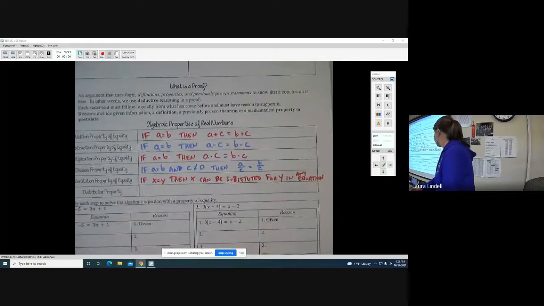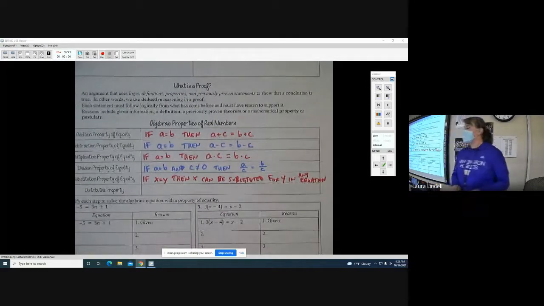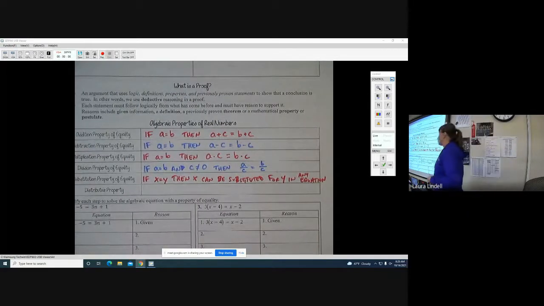Wow, spelling is hard. So that's the property that says I can plug something in. Like if I find out that x equals 3, I can plug in 3 for x and things like that.